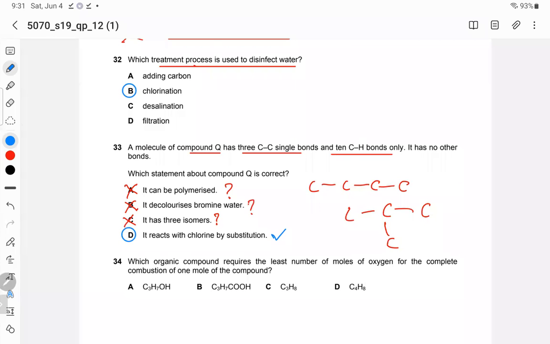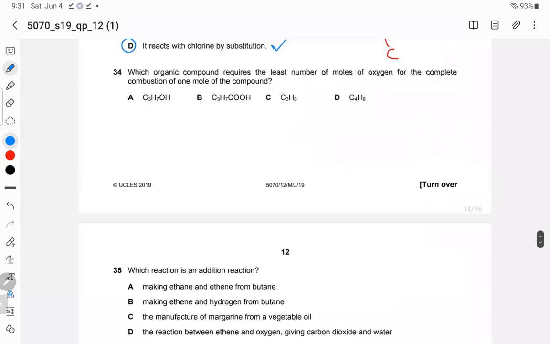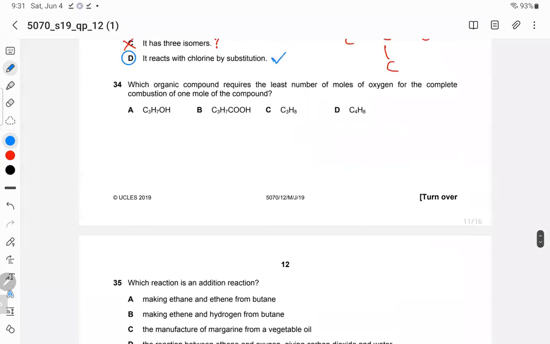Yes, sir. Now question number 34. Which organic compound requires the least number of moles of oxygen for the complete combustion of 1 mole of the compound? Who can tell me the correct answer?